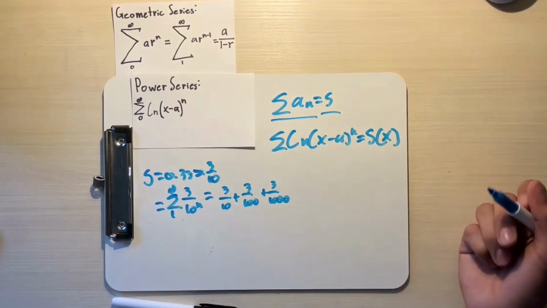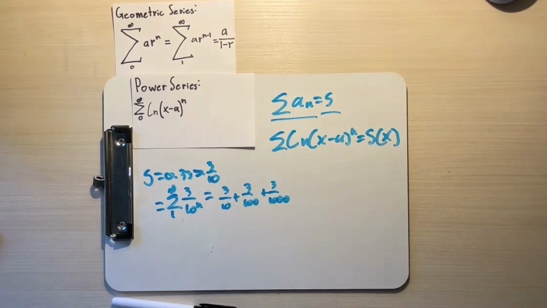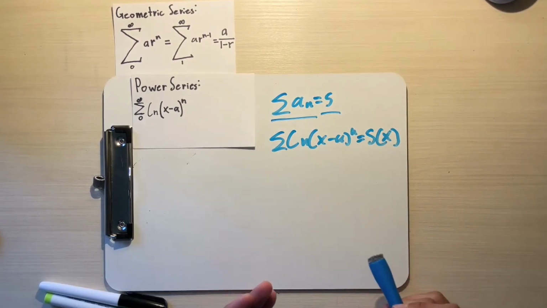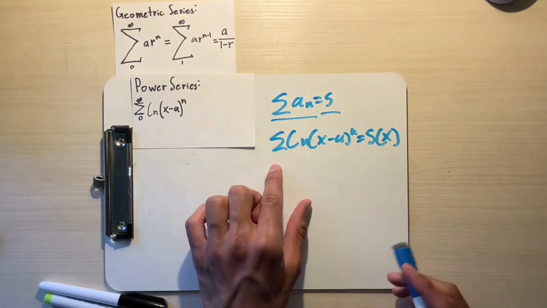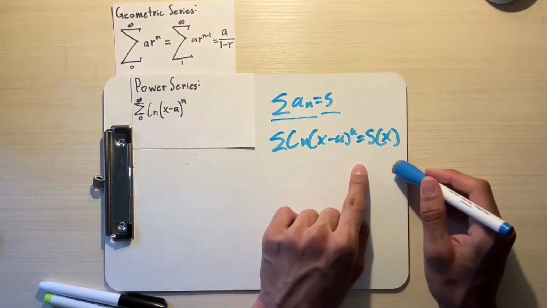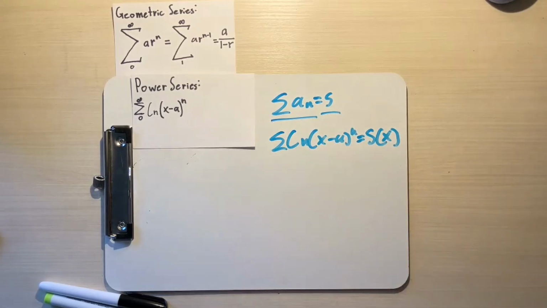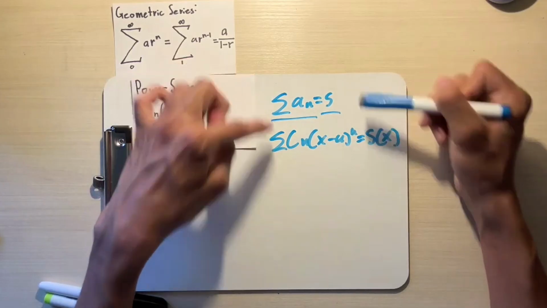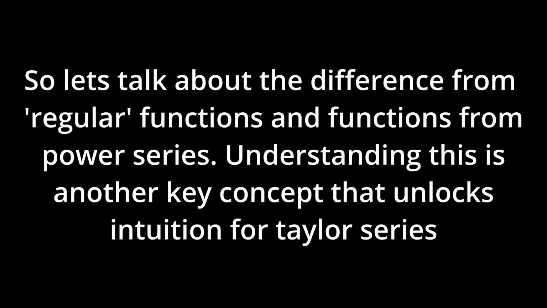For example. So now we're doing something entirely different. Provided the series converges, for a unique input x, we're getting a unique output s. So we've taken static ones into dynamic functions.